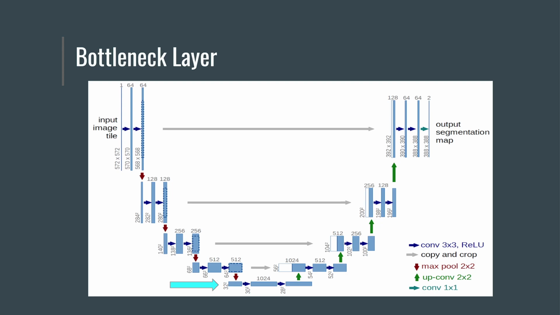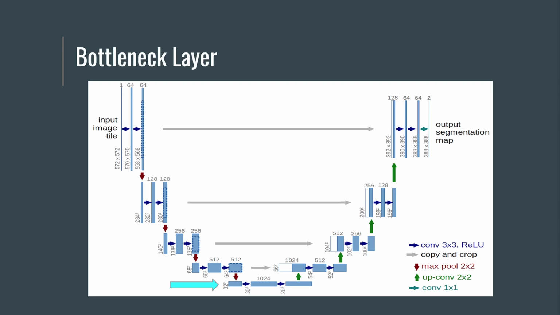Now we can talk about how the bottleneck layer works. As input, the bottleneck layer receives a highly downsampled, compressed version of the input image from the contracting part. Then a set of convolutional layers is applied to extract deeper, more complex patterns from the data. This layer allows the network to learn relationships between high-level features and the organ types or tumor region distribution.